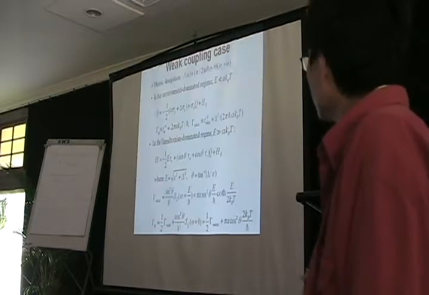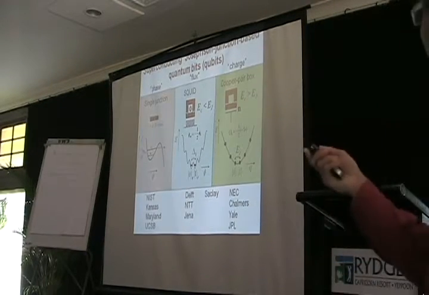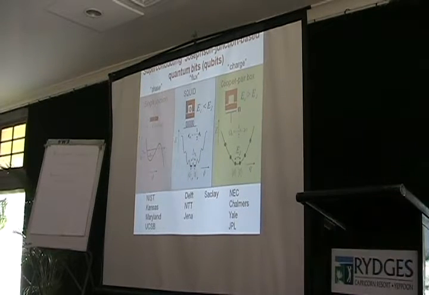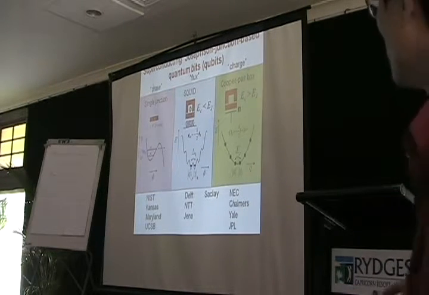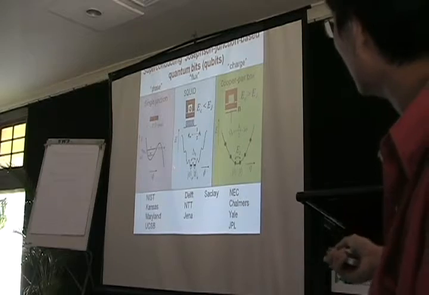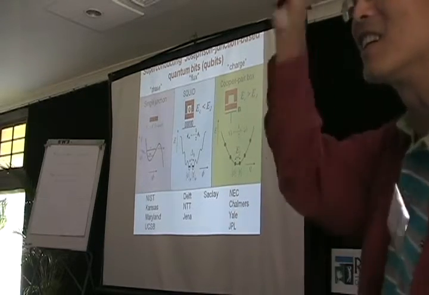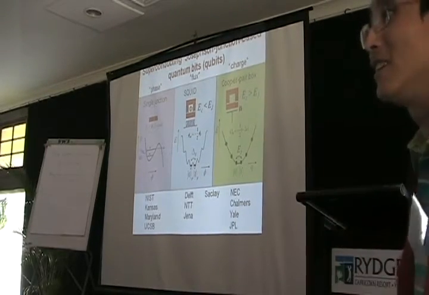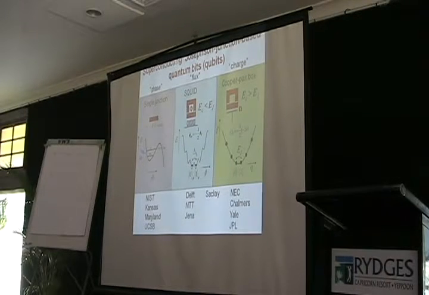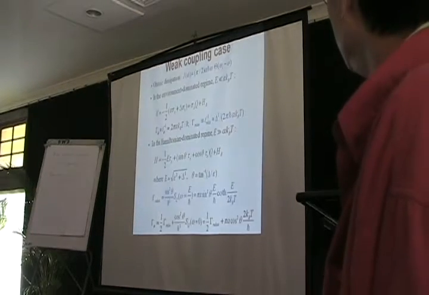So it's much longer than femtosecond, picosecond, and that means within the microsecond, you still can see the superposition state. You can still see the coherence oscillation between the two states.